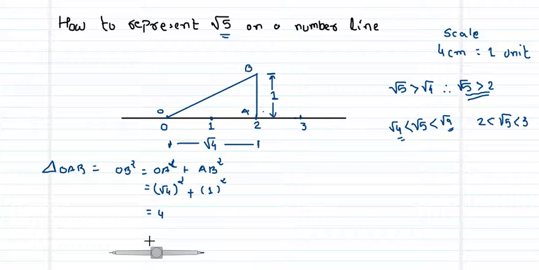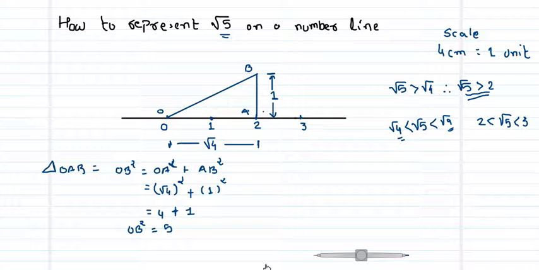Root 4 square is 4, plus 1 square is always 1, will give us 5, that is OB square. But we want OB, so we have to remove this square. If we remove this square, we have to provide root over here, so OB is root 5.